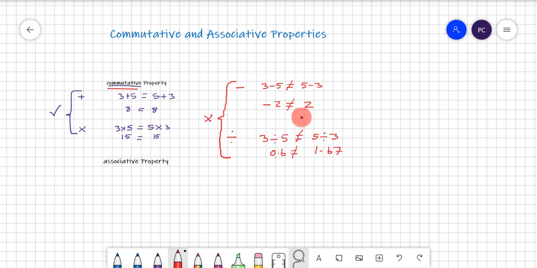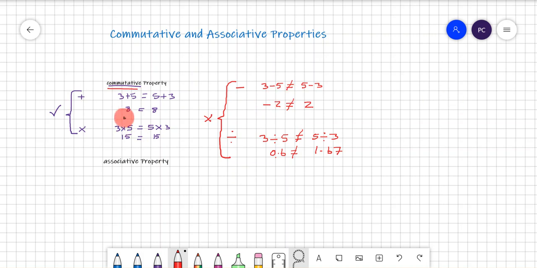Whereas with addition and multiplication, it doesn't matter which way you add or multiply the numbers, as we've seen with these examples, they will give you the same value. So they have this commutative property, and subtraction and division are not commutative, because you will get completely different answers.